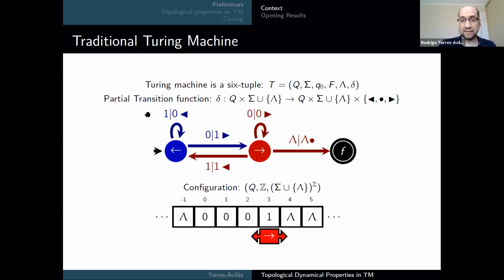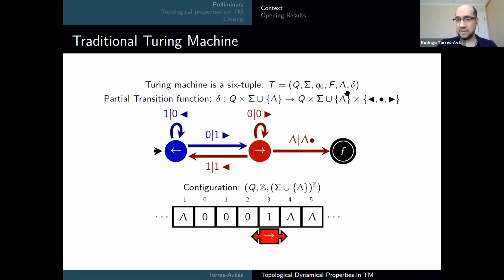It has a set of states that is represented in this graph by the circles. A set of alphabet, that is what it recognizes in the input. A special initial state that is marked by this empty arrow here. A set of final states that in the graph is represented by a double circle.